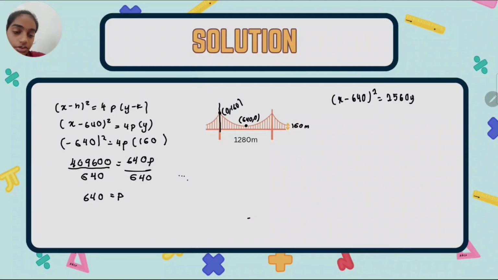Now we're going to substitute 200 into the x value. So we find the value of 200 minus 640 squared, which will be negative 440.